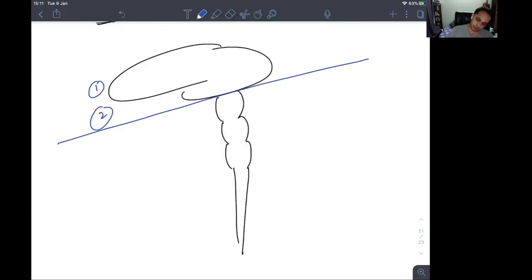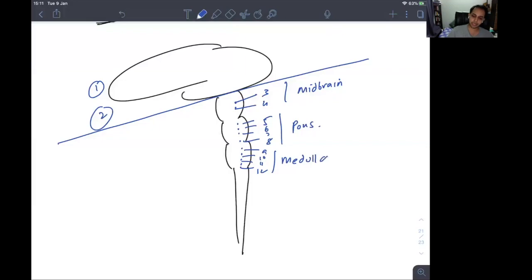From the brainstem onwards, you have 3 and 4 in the midbrain, 5, 6, 7, and 8 in the pons, and 9, 10, 11, and 12 in the medulla. Okay.